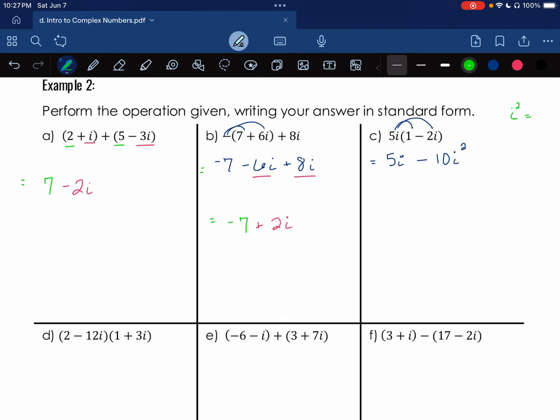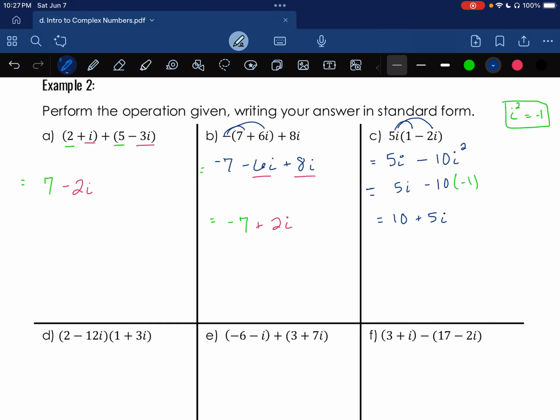We know that that is negative 1. So for this to be fully simplified, we're going to replace this i squared with negative 1. So now I've got 5i minus 10 times negative 1, which will just be plus 10. So I'll have 10 plus 5i, because we like to have the real part first, followed by the imaginary part.